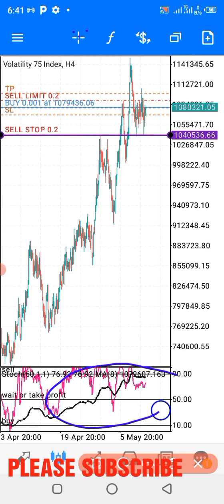Check when the stochastic oscillator, which is this red line, and the moving average, which is this black line, meet either on the sell zone, which is level 90, or on the buy zone, which is level 10.